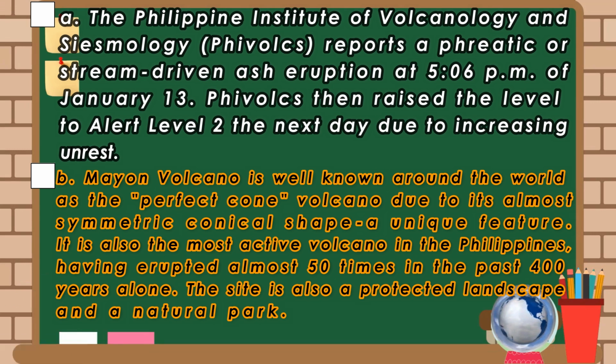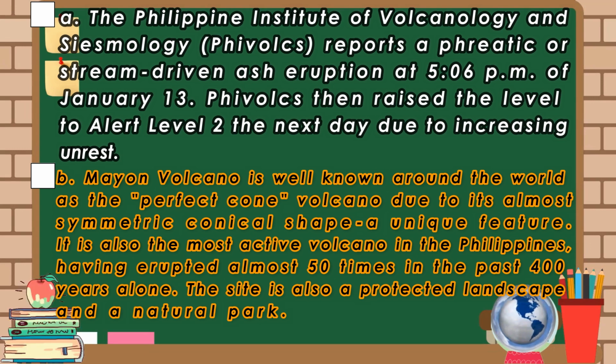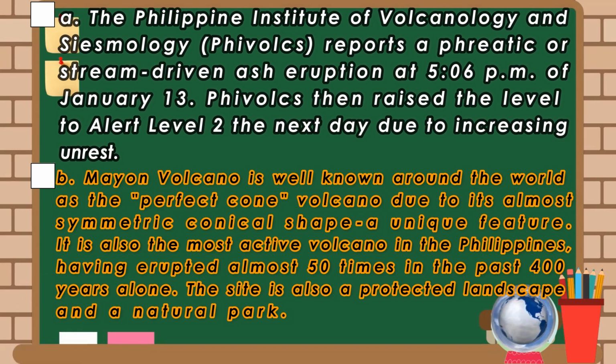B. Mayon volcano is well known around the world as the perfect cone volcano due to its almost symmetric conical shape, a unique feature. It is also the most active volcano in the Philippines, having erupted almost 50 times in the past 400 years alone. The site is also a protected landscape and a natural park. Write your answer.